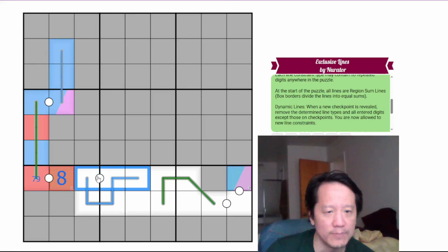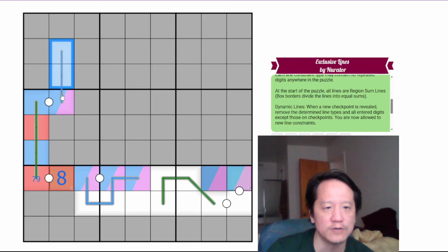These cannot be more than 2. Can't be more than 1 high digit here, because one of these is high, and we have both of these high digits here. So this must be 1 high and 2 lows or 5 here. So we have 1 high. That means this is low or 5. And because these are lows or 5s on region sum lines, this has to be... you could have a high here or here.